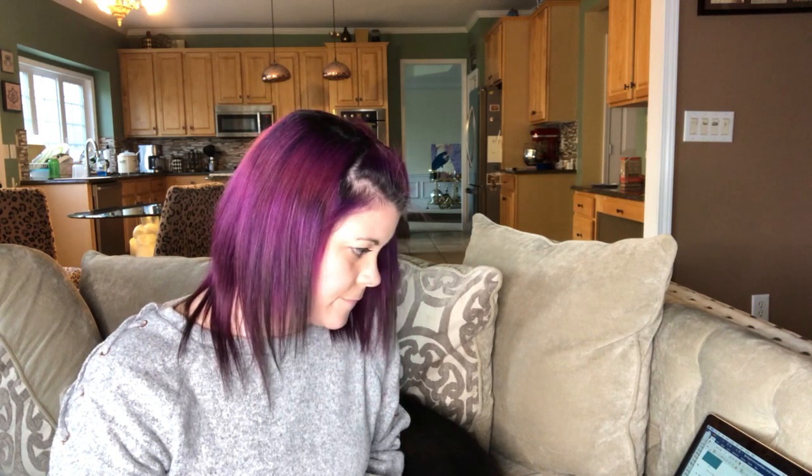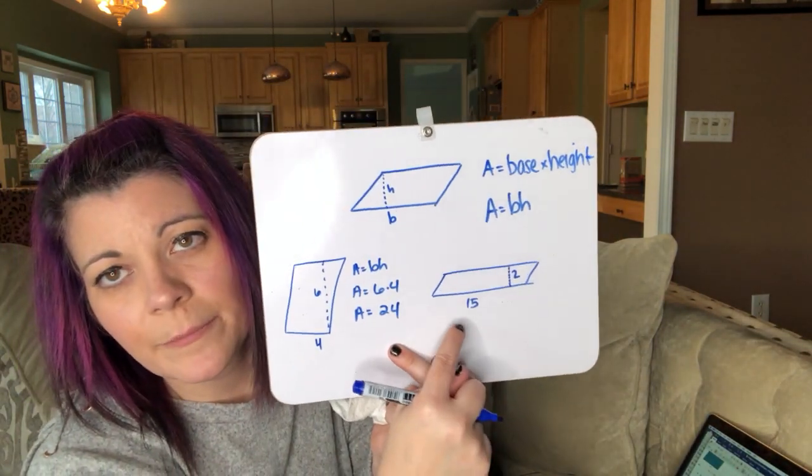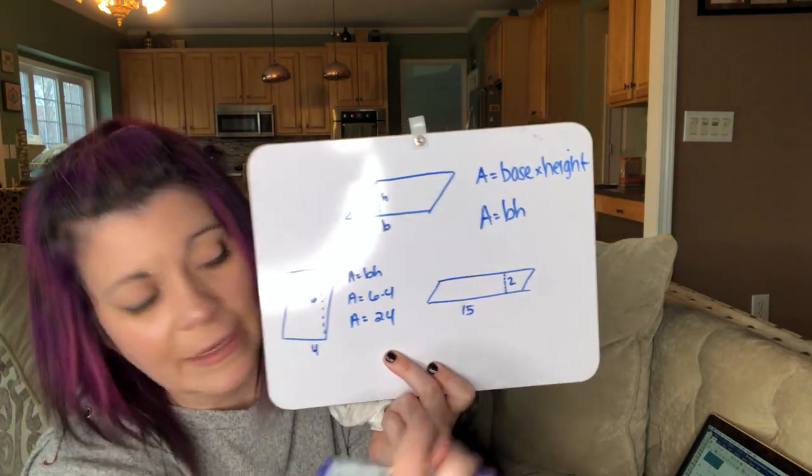In this case, with this parallelogram, the base is 15, the height is 2. So base times height, area equals 15 times 2, which is area is 30.